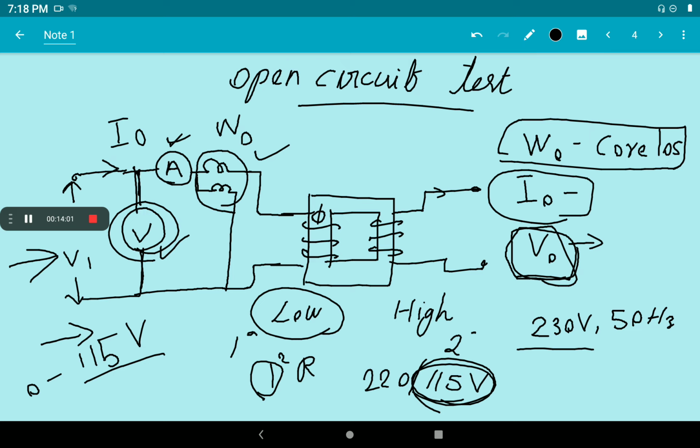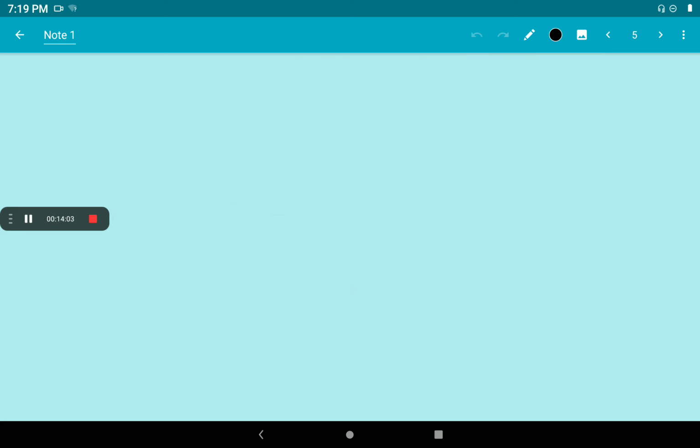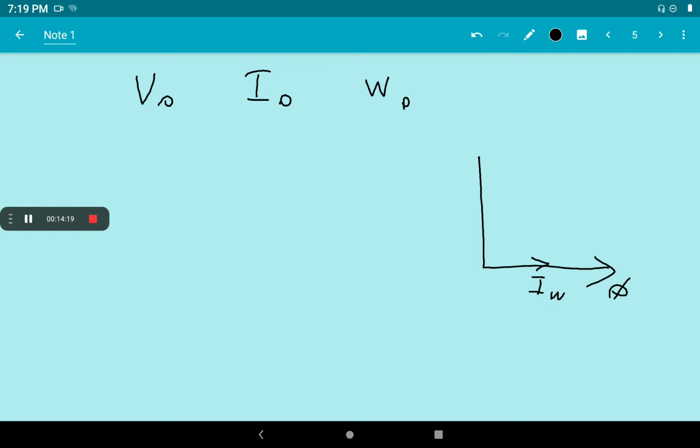So by finding this no load current, what are the readings we get? V0, I0 and W0. And you have drawn the no load characteristics: phi, IW the working component of the current, and the magnetizing component in phase with the flux, and the voltage V1.